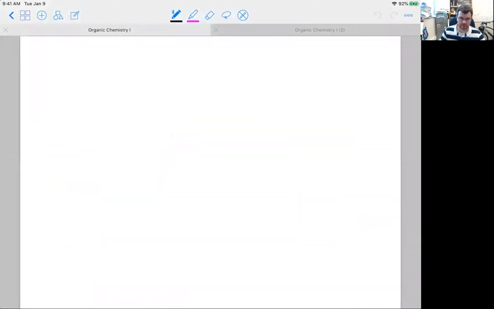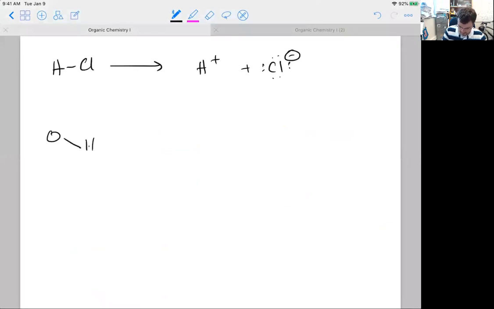Okay, let's look at some examples. Let's say we have HCl reacting to form H+ plus Cl-. We have OH- plus H+ reacting to form HOH.